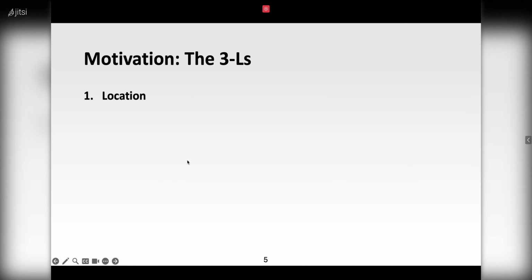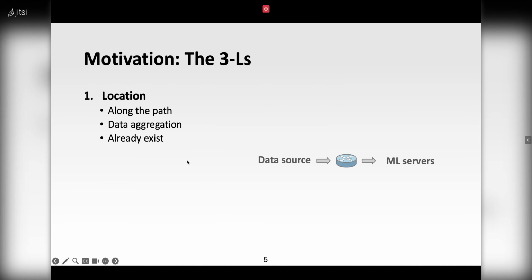There are several benefits that in-network machine learning can bring us. The first one is location. Network devices already exist within the network infrastructure itself. We don't need to add additional hardware or devices for in-network machine learning to work. And also it's along the path.